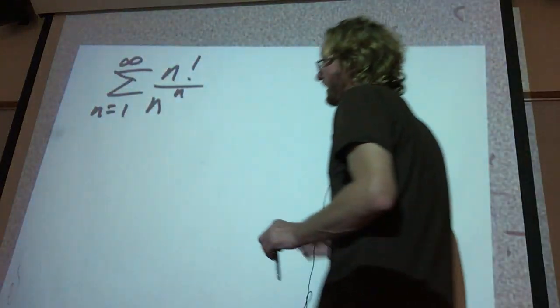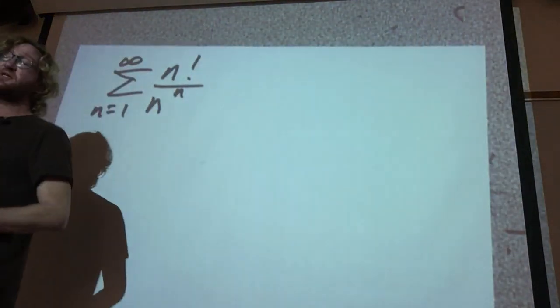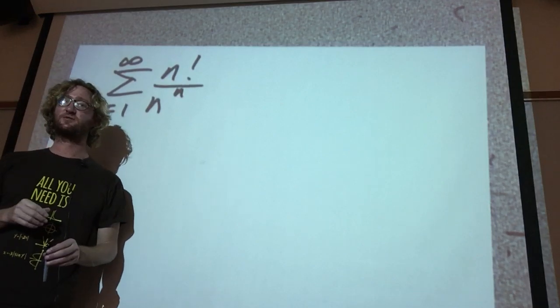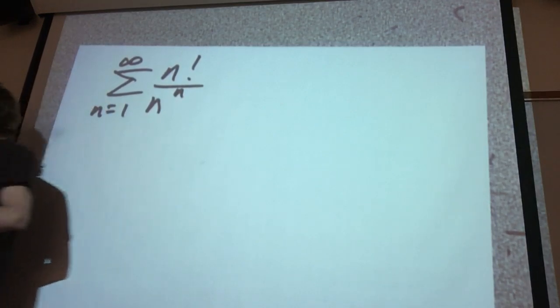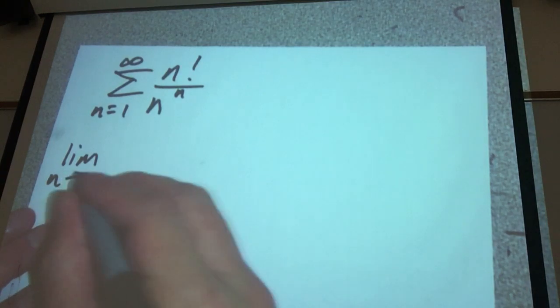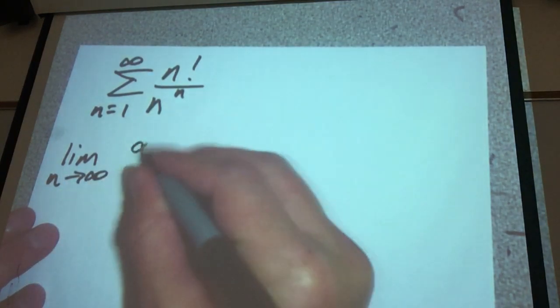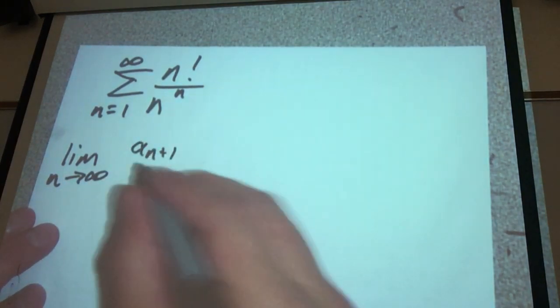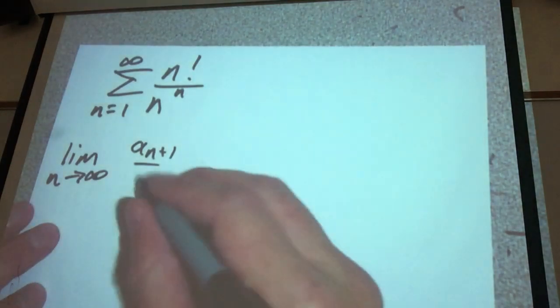Okay, all right, so let's attempt this problem with the ratio test. We're going to be looking at the limit as n tends towards infinity of a sub n plus 1. Now all of this is positive, so I'm going to leave off the absolute value signs.